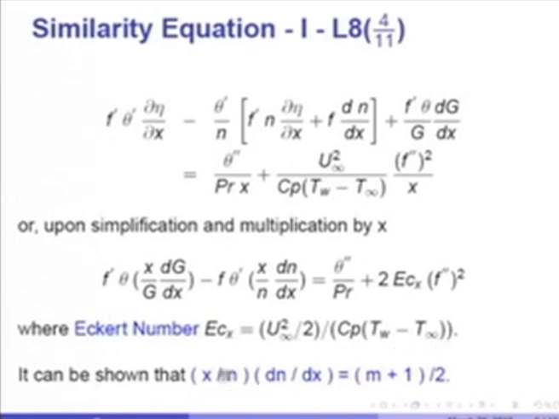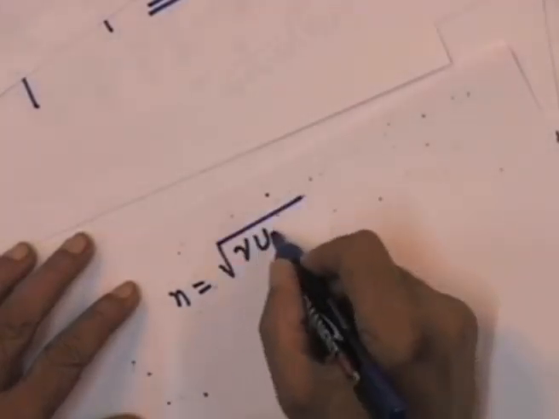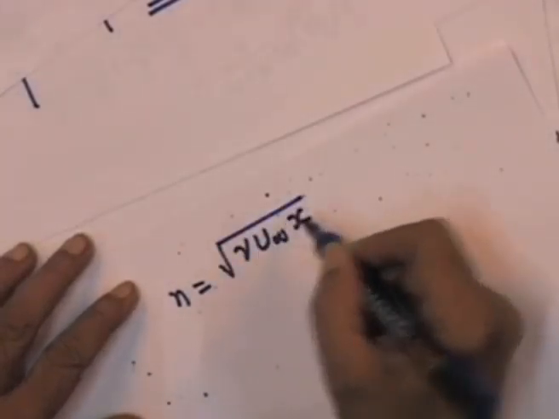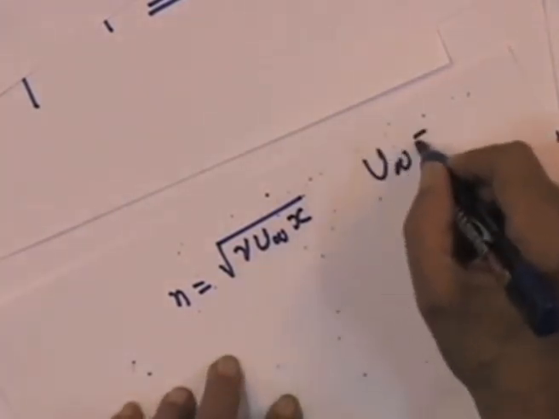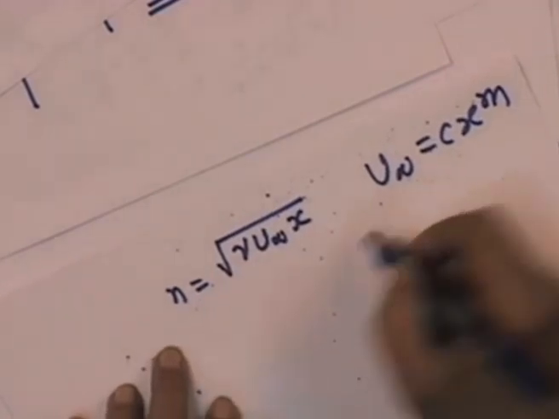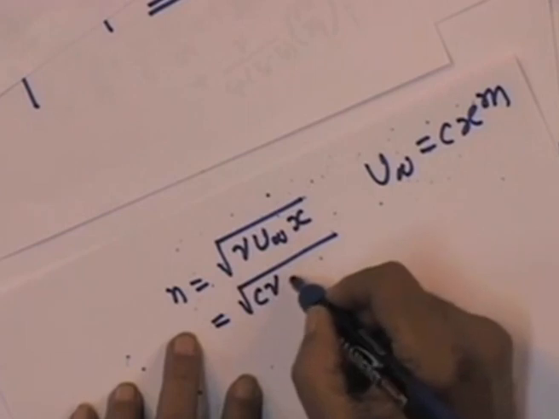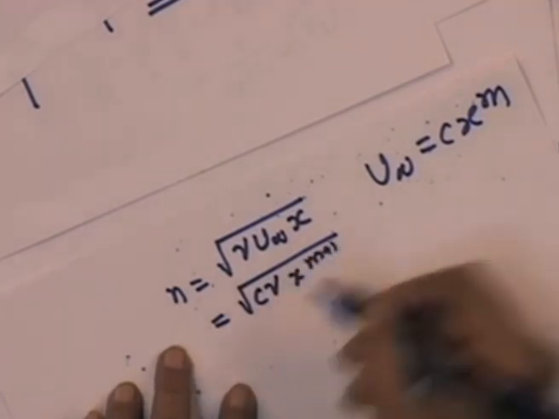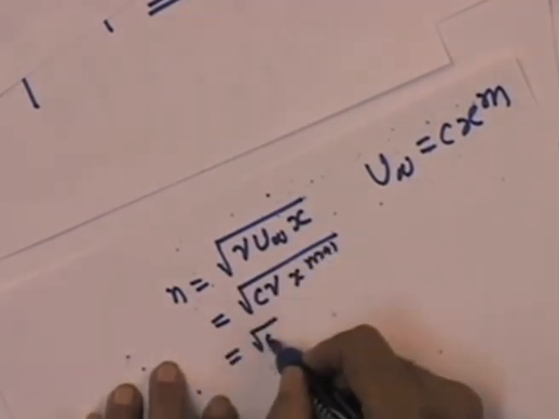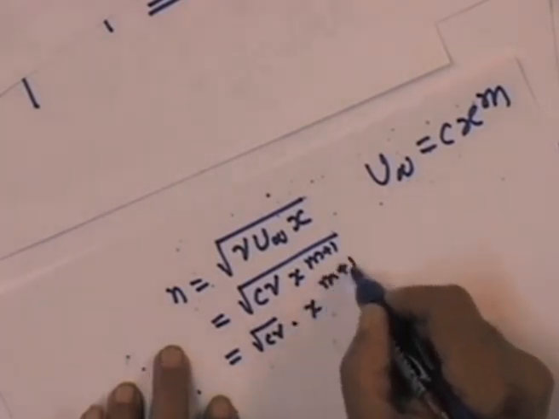Now, to show this x over n dn by dx equal to m plus 1 by 2, well, that is a straightforward thing. N is equal to under root nu u infinity into x, but u infinity is equal to C x raised to m, and therefore, this becomes nothing but C times nu x raised to m plus 1, and that is equal to under root C nu x raised to m plus 1 by 2.